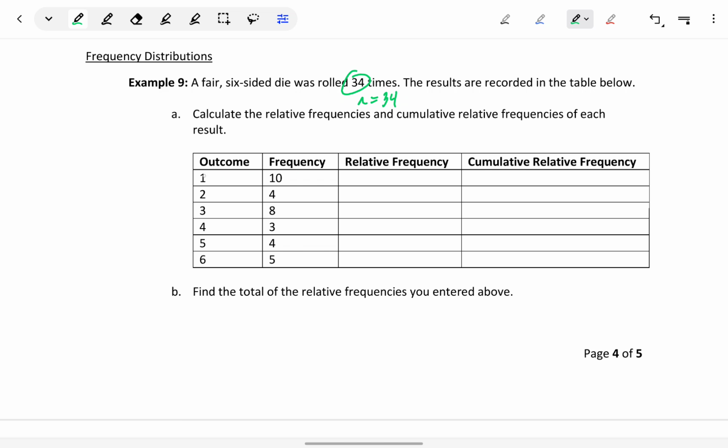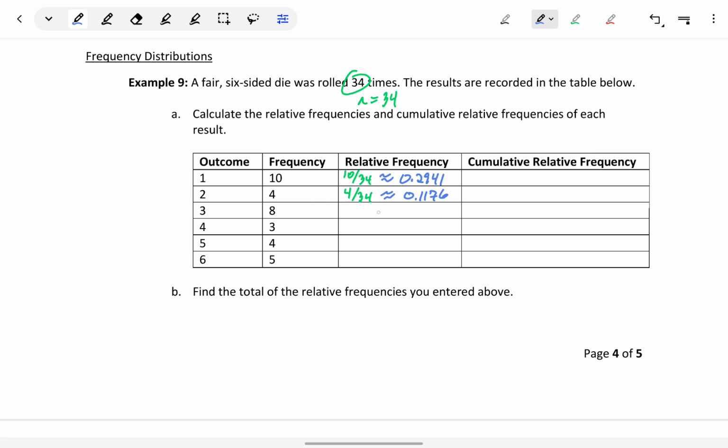So if we rolled a 1 10 times, that relative frequency would be 10 divided by 34, or approximately 0.2941. The number of times we rolled a 2 were 4 out of 34, which would be approximately 0.1176.